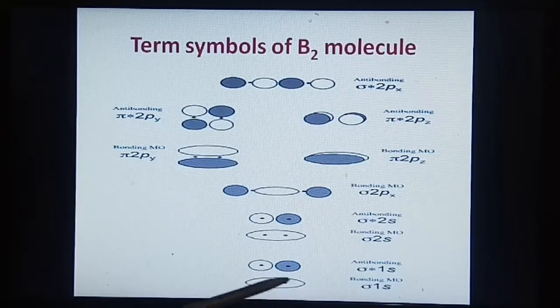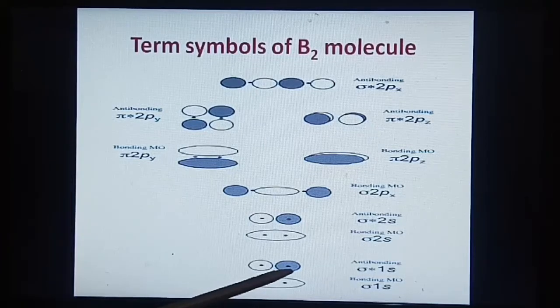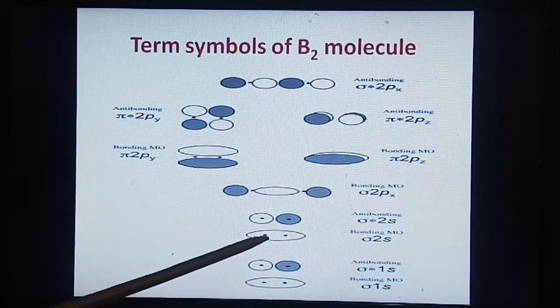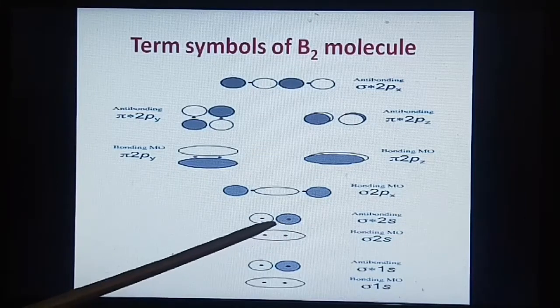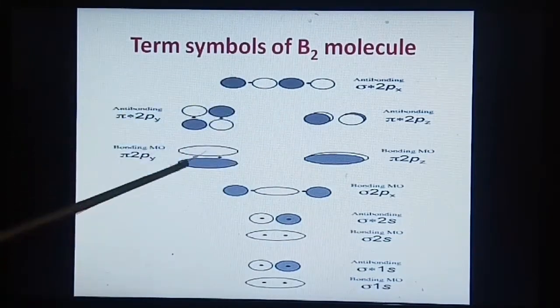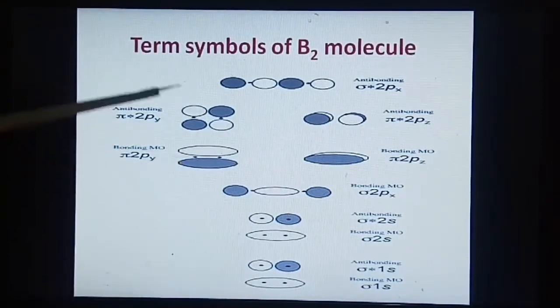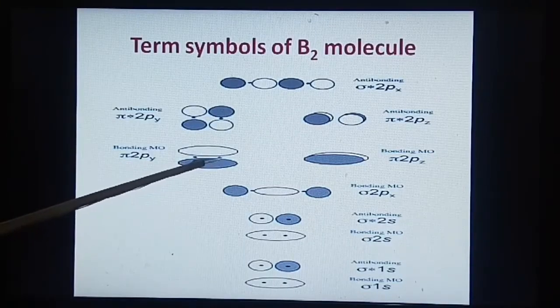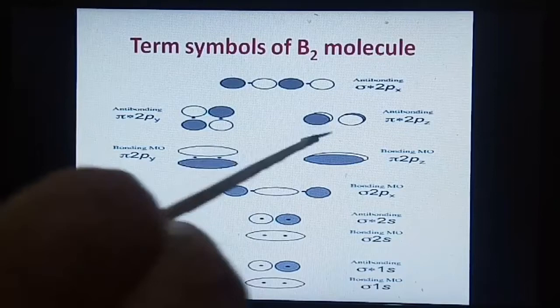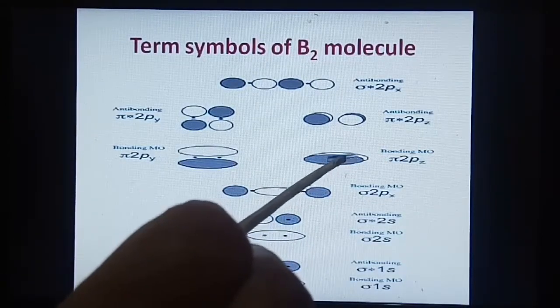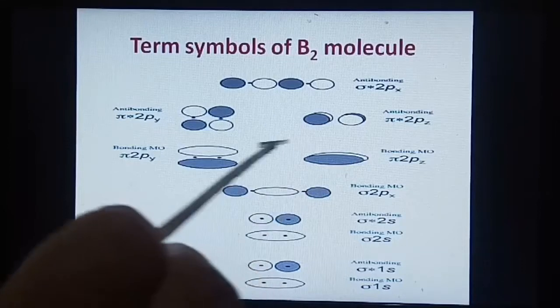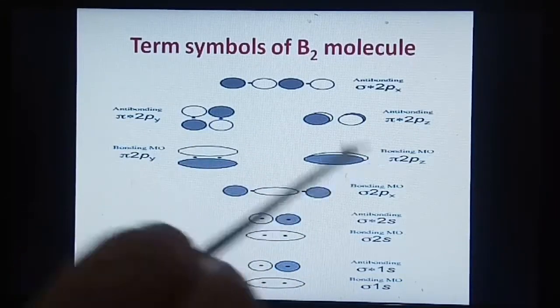We have discussed earlier that if the electrons are present in H2 plus, then the symmetry will be plus. Here if the electron is here, symmetry will be plus, and in this one also the symmetry will be plus. In the B2 molecule, one electron is here and one electron here. If we take this plane, then it is anti-symmetric, so it is the minus sign. If we take this other plane, it is symmetric, so it is plus. So this is plus times minus, ultimately the symmetry will be minus.